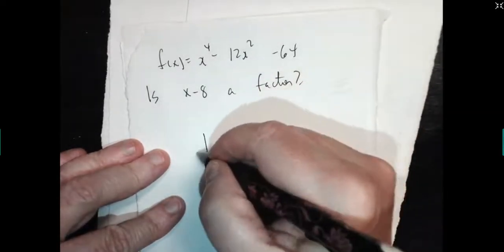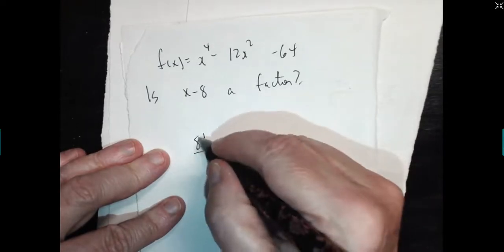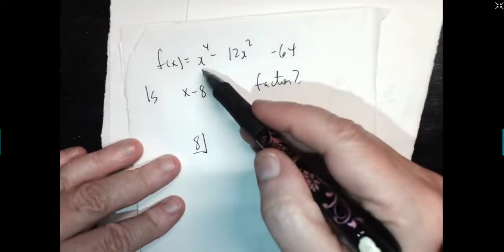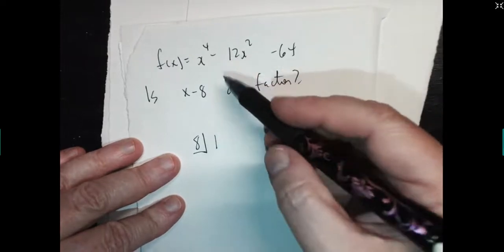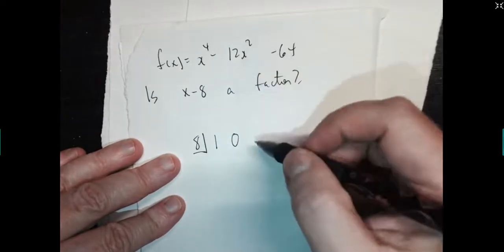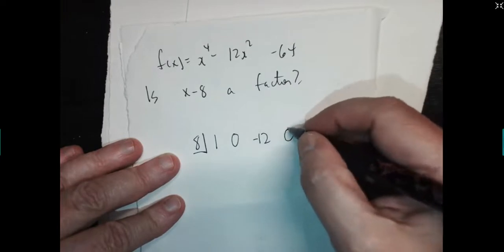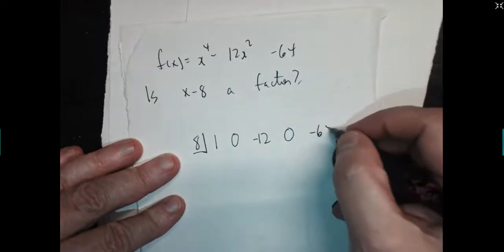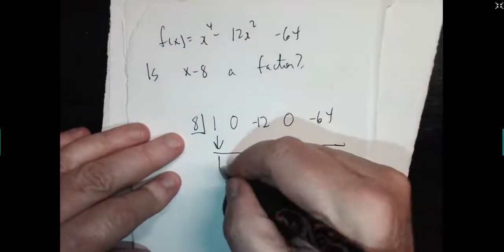It's going to be x minus the number in the box, so 8 goes in the box. Then I have 1 times x to the fourth. There is no x cubed term, so that's 0 times x cubed. Minus 12 times x squared. There is no x term, so plus 0 times x, and then minus 64.